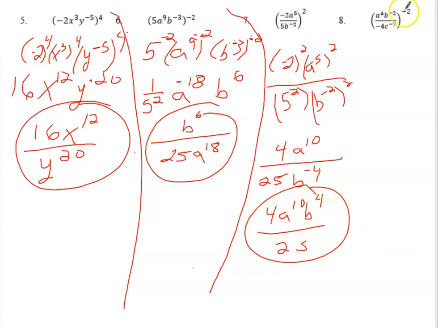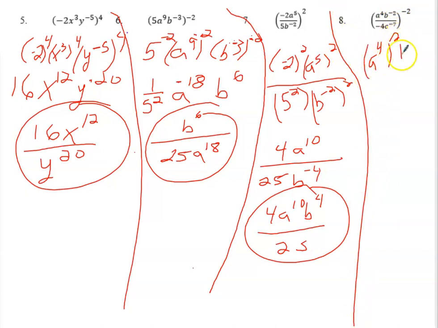Okay, for this negative exponent here, again, we take everything to a negative power: a to the 4th to the negative 2nd, b to the negative 2nd to the negative 2nd, over negative 4 to the negative 2nd, and c to the negative 7 to the negative 2nd.